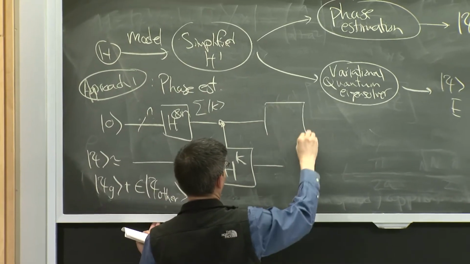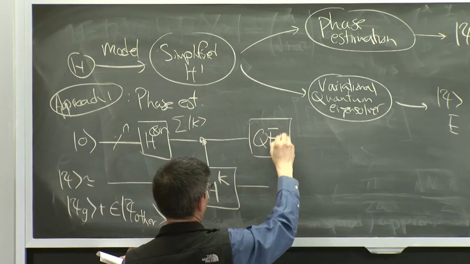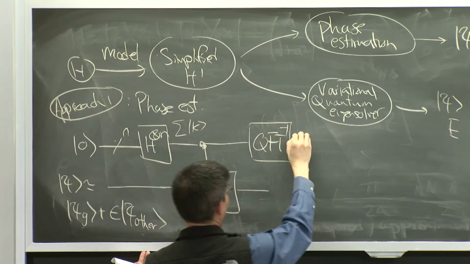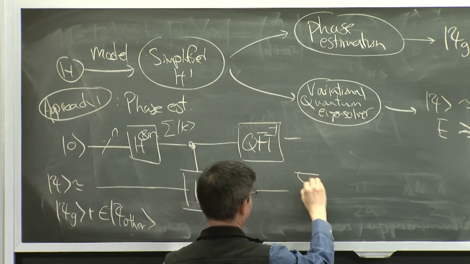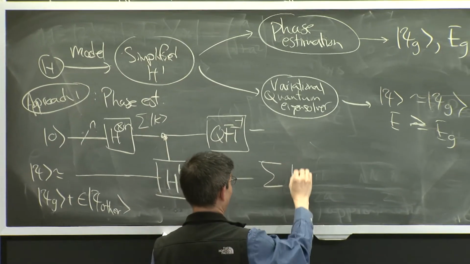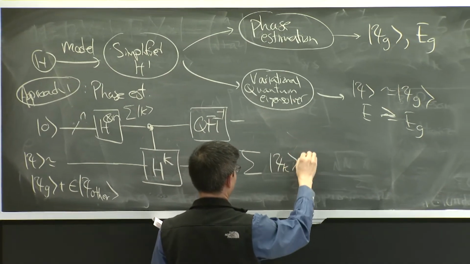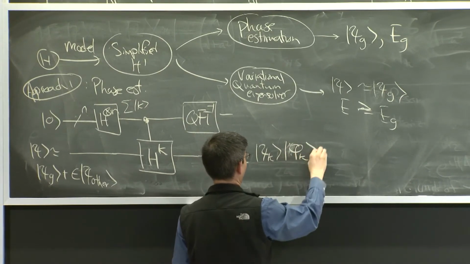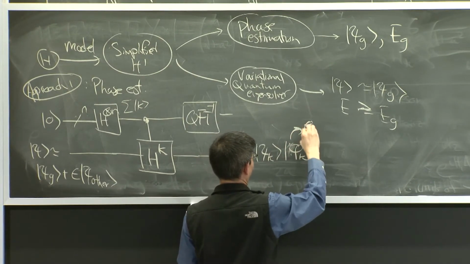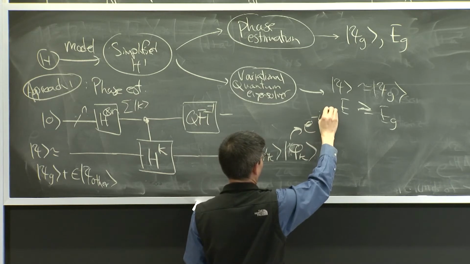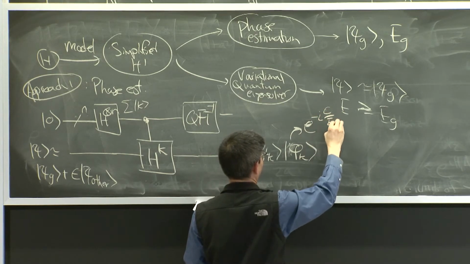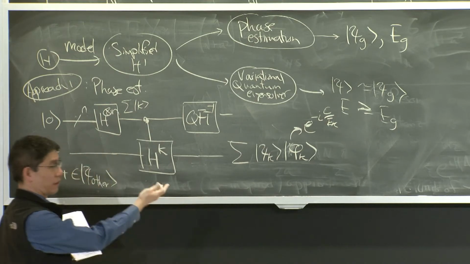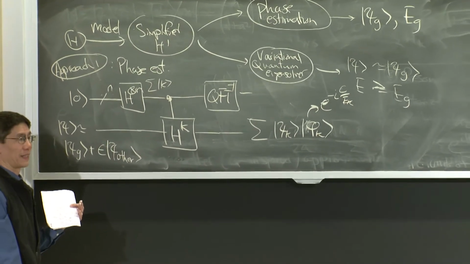And we know from the phase estimation algorithm that what you get as an output over this is going to be a sum over energy eigenstates and then phases which are on the order of some constant over E sub k. So these are going to give you the energies of the system.